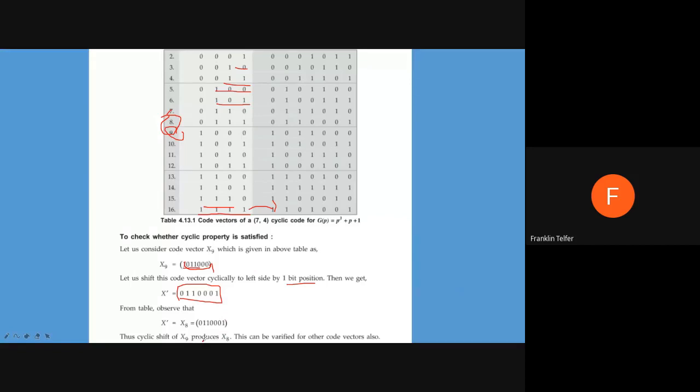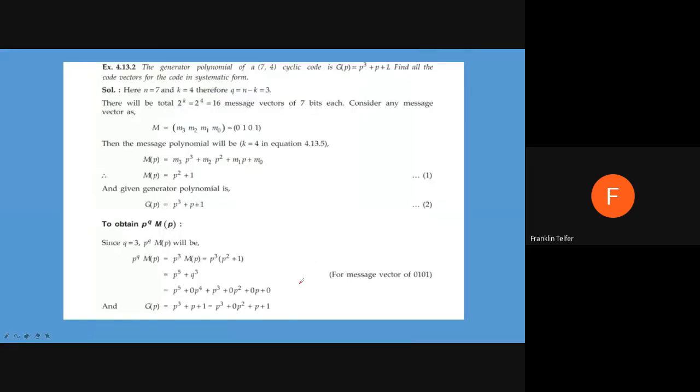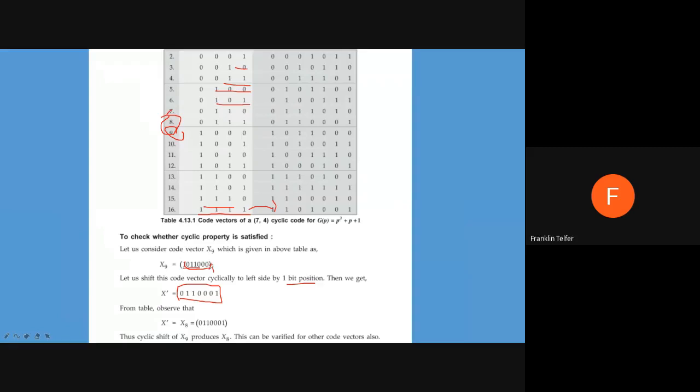Okay, the cyclic shift of code word x9 provides x8. So this can be verified with other code words also. In such a way you can find out whether the cyclic property is satisfied or not. We have already seen two properties, the linear property and the cyclic property, and these are satisfied. It is a code word of another message, so it is available for some other message.